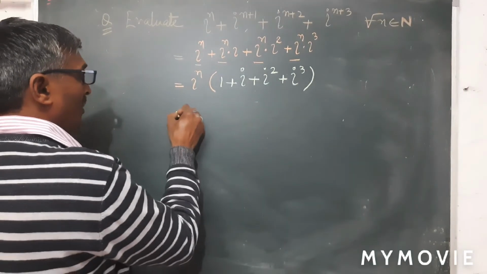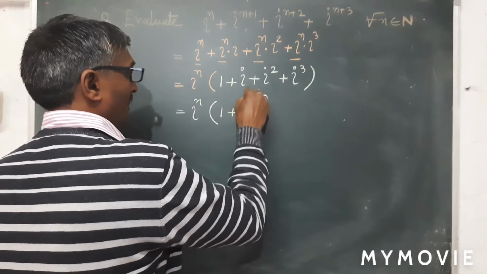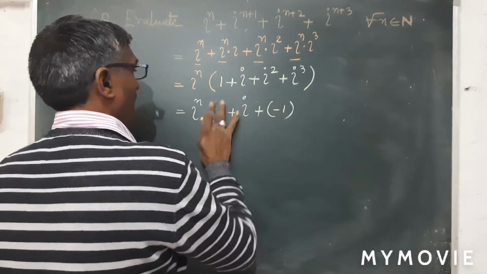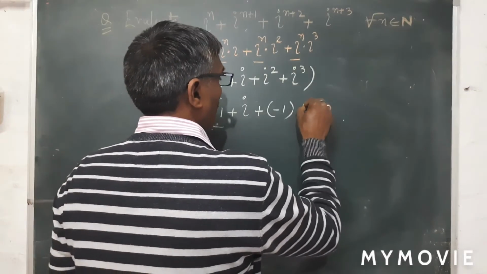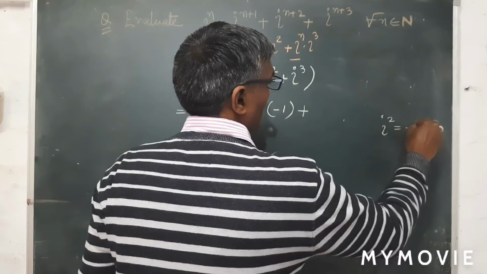Now iota to power n into 1 plus iota. Iota square is equal to what? Minus 1. And iota cube is equal to what? Iota square is equal to minus 1.